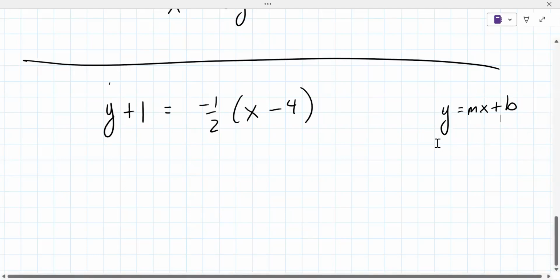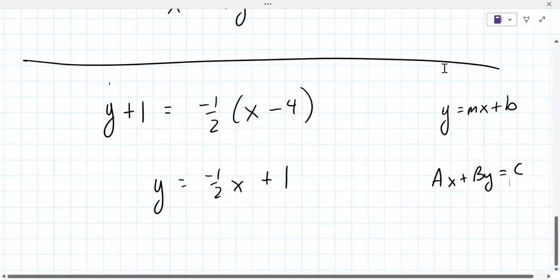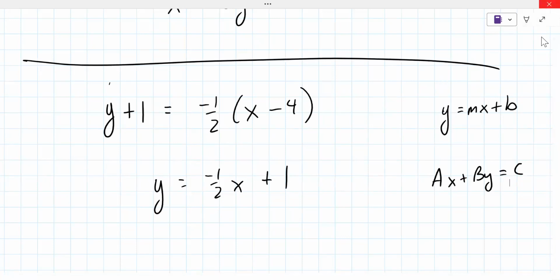Y equals negative 1/2 x plus 1. Okay, good. So now I want you to put it into standard form. So I've done a couple examples for you, so take a look and see what you come up with.